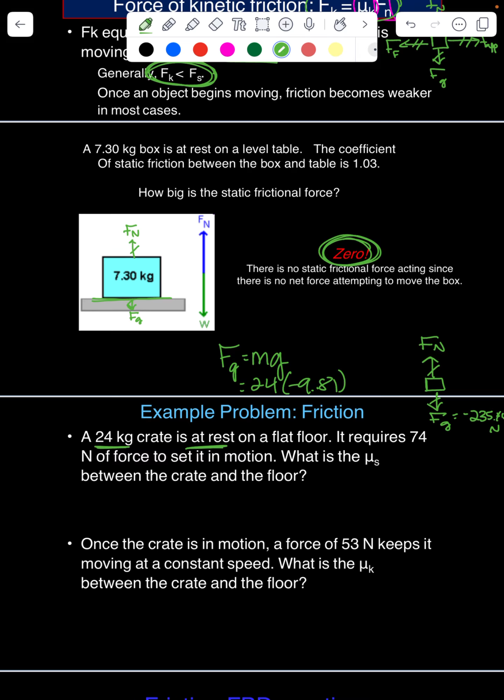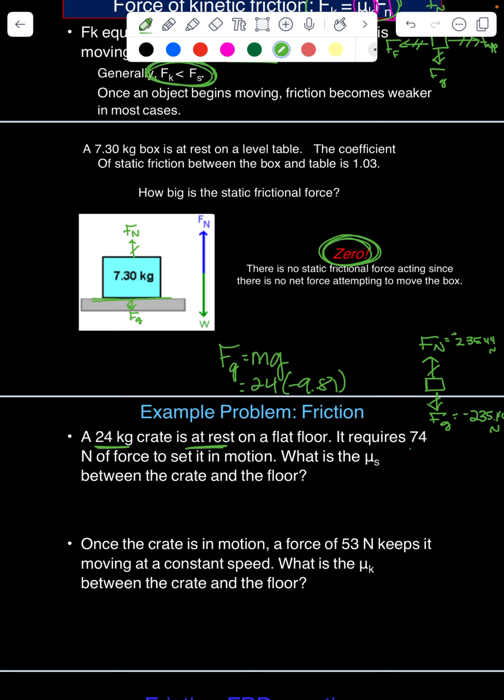If gravity is negative 235.44, that means our normal force is a positive 235.44 newton force.